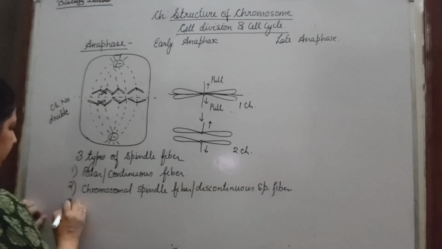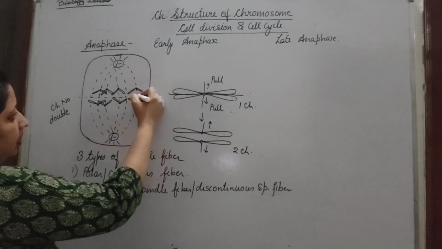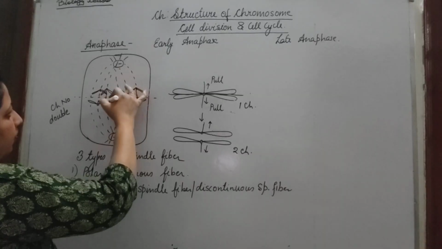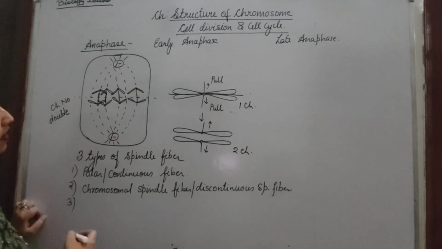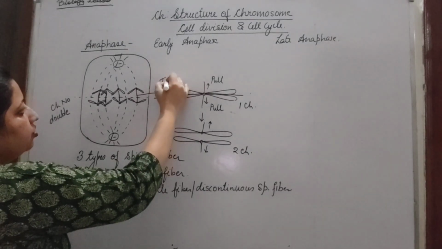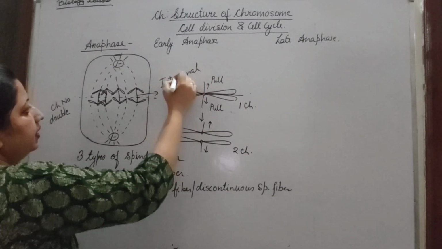And the third one is between the two chromosomes. When the chromosomes split and move far apart, this part of the spindle fiber is called the interzonal spindle fiber.